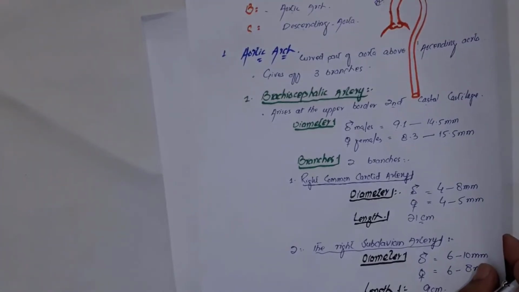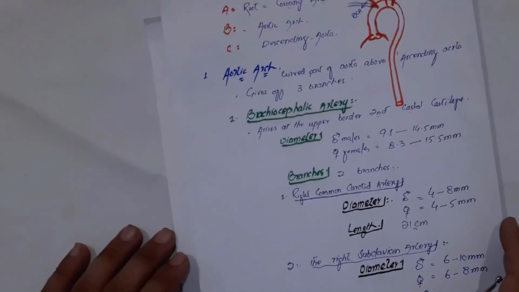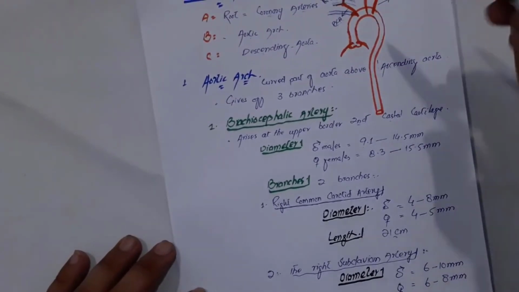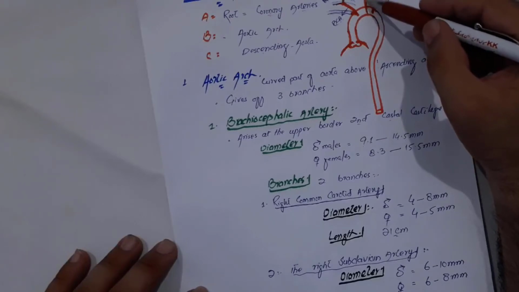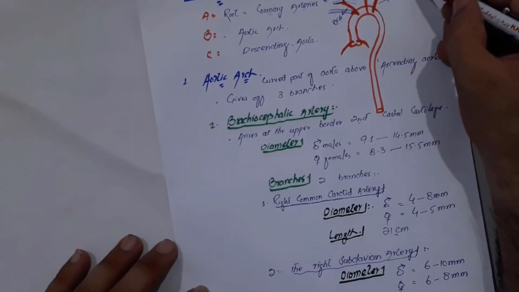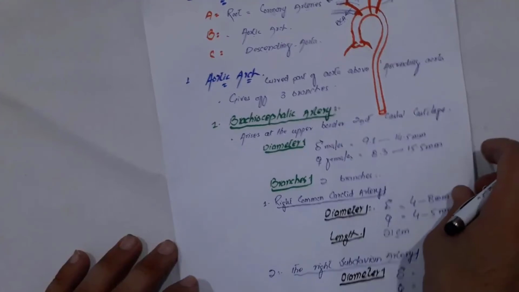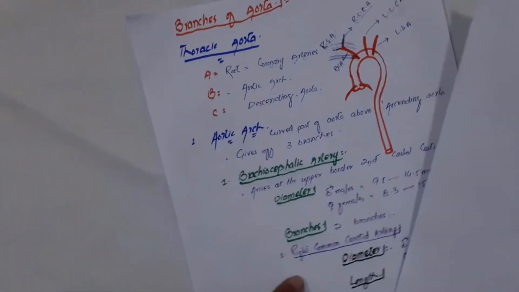Right. The next thing is the left common carotid artery. Another branch that arises is the left common carotid artery. Let's discuss the left common carotid artery. Okay, let me use the green color again.